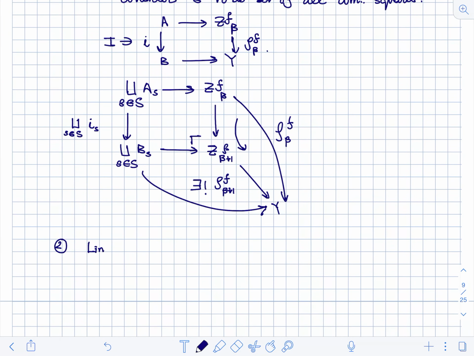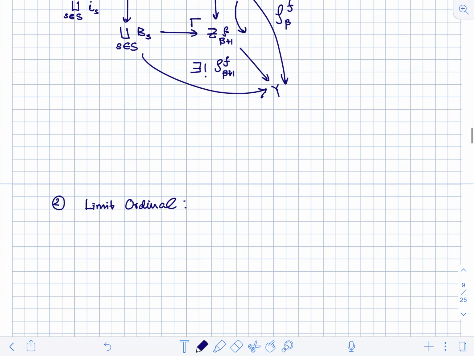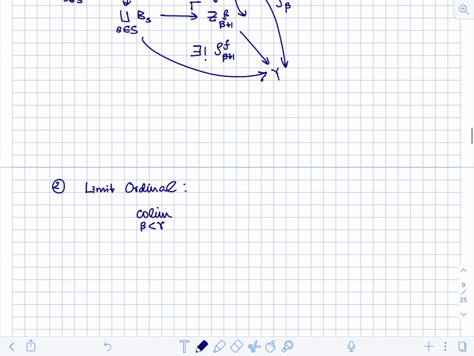For a limit ordinal, we simply take the colimit, and define this as ZF gamma. So let's say gamma is the limit ordinal.